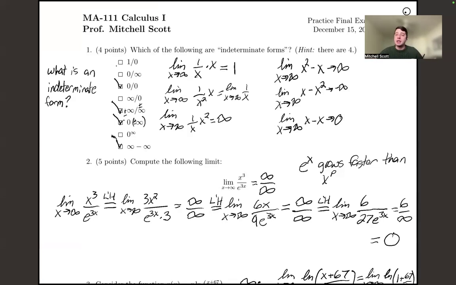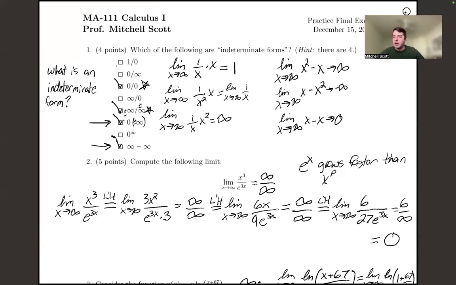We need to rewrite it so that it's a 0 over 0 or an infinity over infinity. So this I'm going to put a star by, and this I'm going to put a star by, because those are the ones that you can absolutely use L'Hopital on. You don't need to rewrite it. This, for example, you would need to rewrite, and something like this you would have to rewrite, but that's maybe beyond the scope of this class.